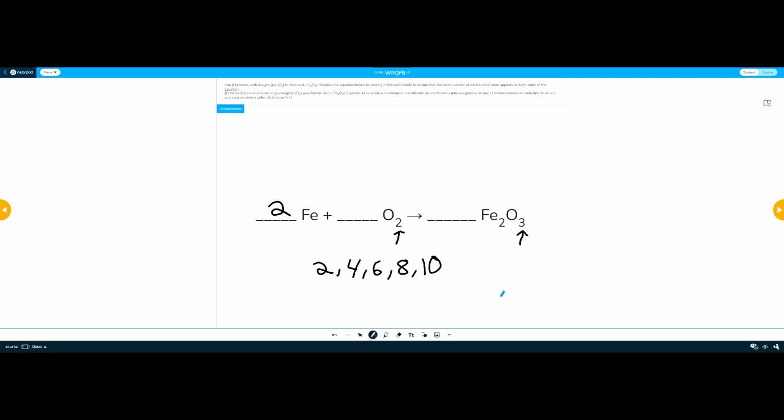Our multiples of 3 are 3, 6, 9, 12, and 15. Which smallest number is the same in both groups? Hopefully you can see that answer is 6.